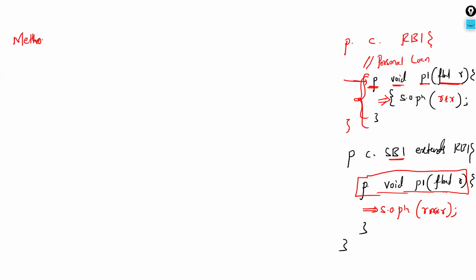Method overriding. This is very, very important. Same method name, same signature, then that is called, sorry, different signature, that's called overloading. But here, same name, same signature, that's called overriding.